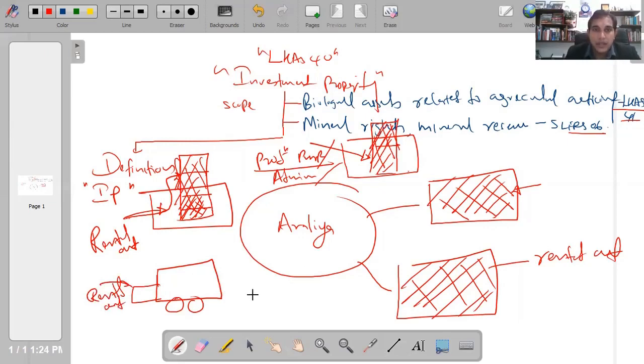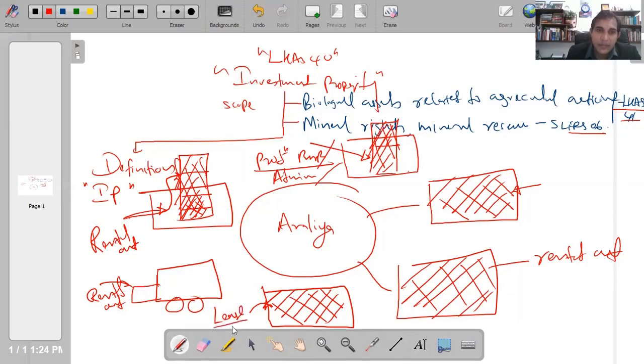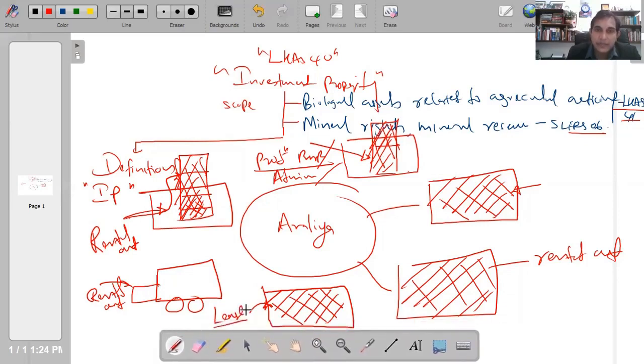And there is another land. Let's assume we obtained this land under lease. We recognize this one as a right of use asset.